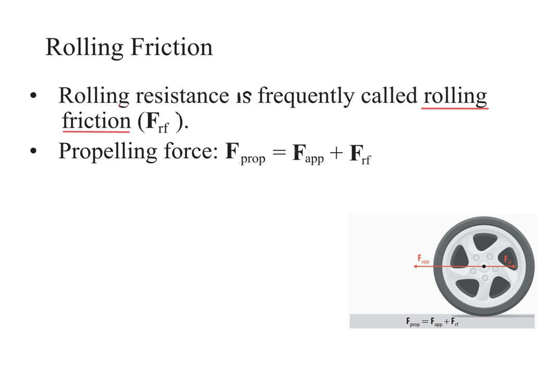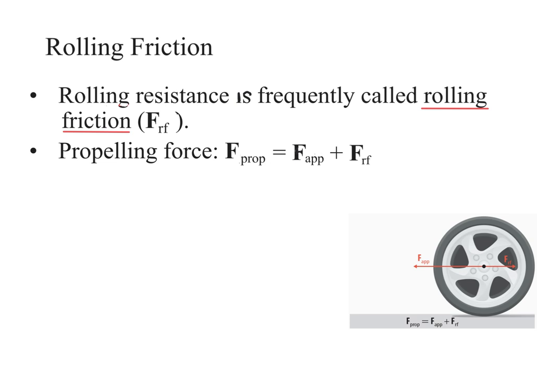And so rolling resistance is often called rolling friction, and you're going to see that notation with the big F and the RF. That's the rolling friction. Propelling force then. So you have kind of the sum of the forces is what we've been thinking. Well, now we have a propelling force, which is basically adding the applied force and the rolling friction.